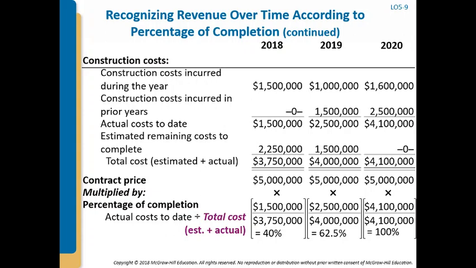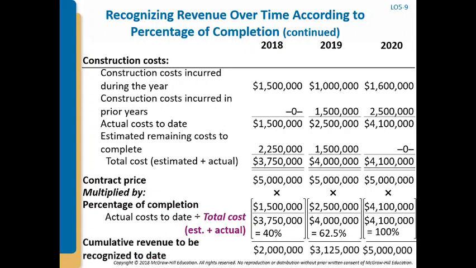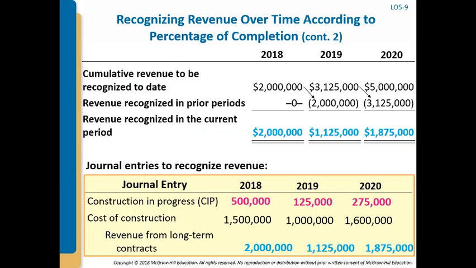So that's where you come up with revenue for that first year. So you've got your cost of 1.5 million, you've got your revenue of 2 million, and so the difference goes to construction in progress, but it's essentially a gross profit amount.